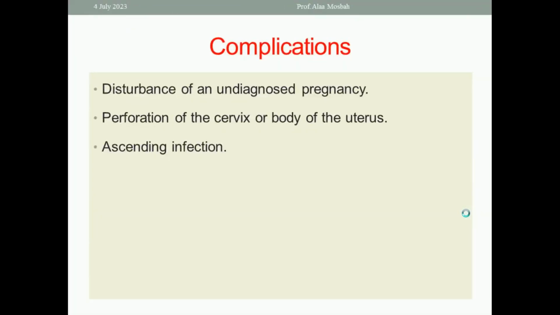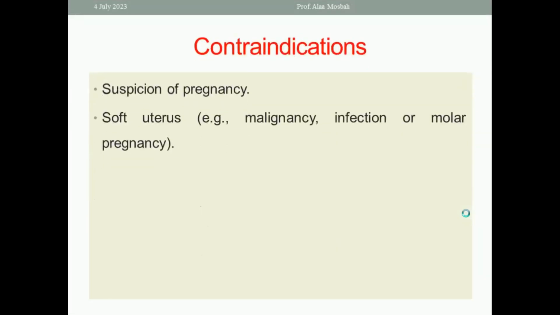What are the complications of the uterine sound? Disturbance of an undiagnosed pregnancy, perforation of the cervix or body of the uterus, ascending infection. All these are complications of the uterine sound. What are the contraindications? Suspicion of pregnancy.